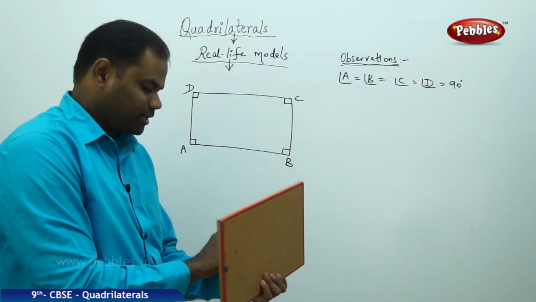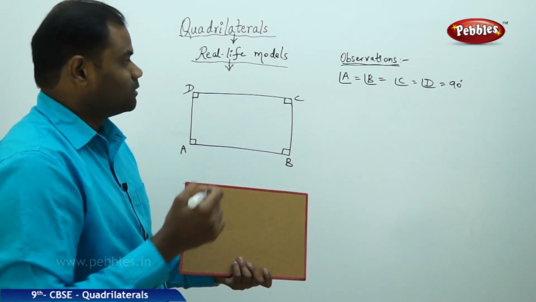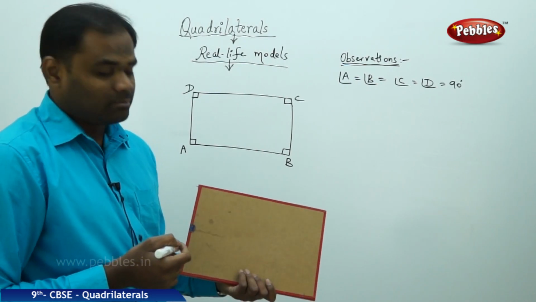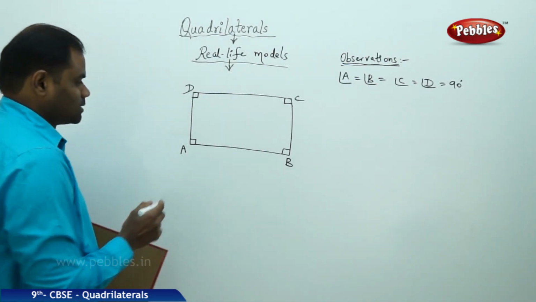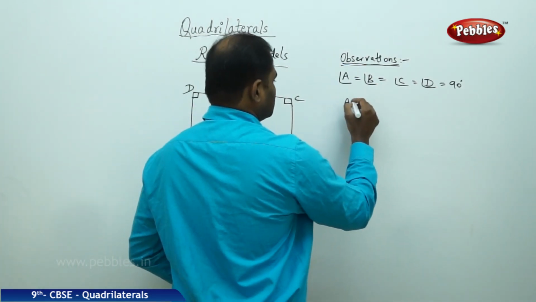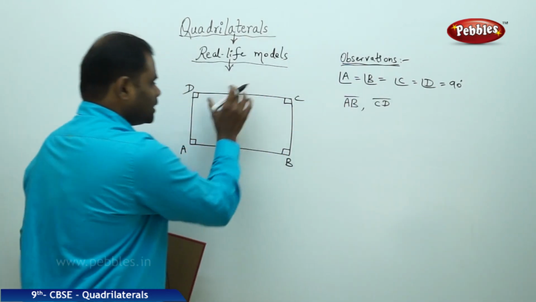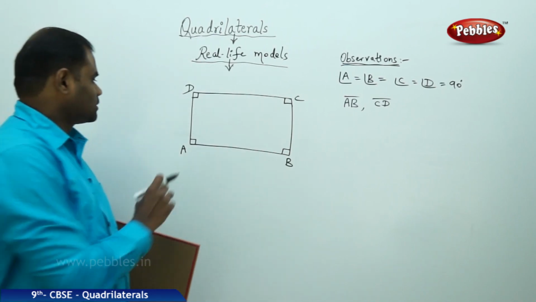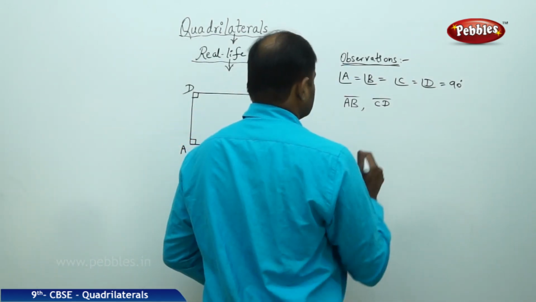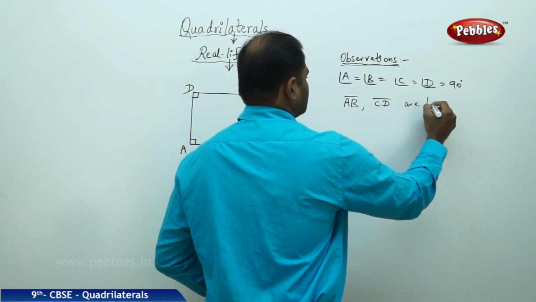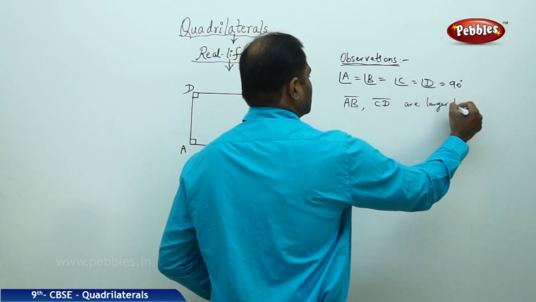My second observation is that the line segments AB and CD are bigger than the line segments AD and BC.